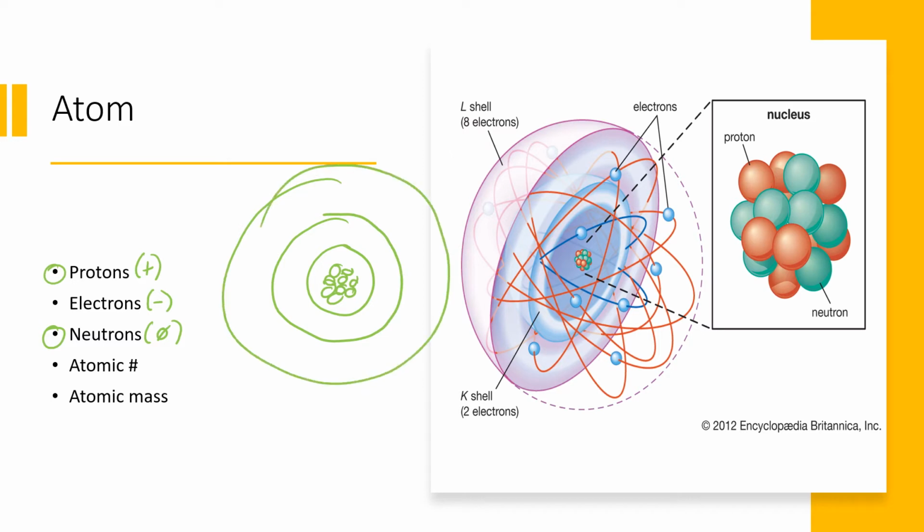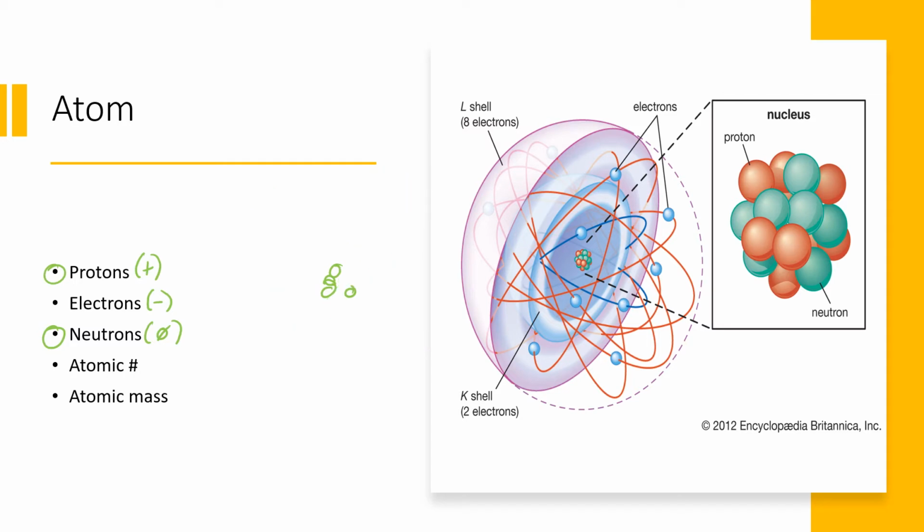That's a super effective model for how an atom works. But in reality, it's more like the electrons revolve around the nucleus in this sort of cloud. They can spin around in all kinds of different directions. And they ultimately make what's referred to as an electron cloud around it.